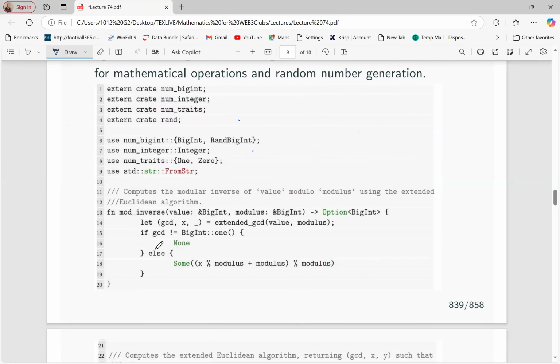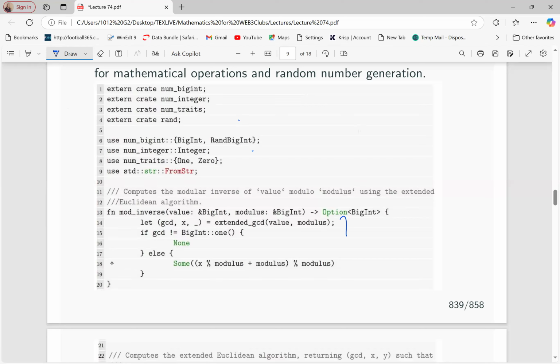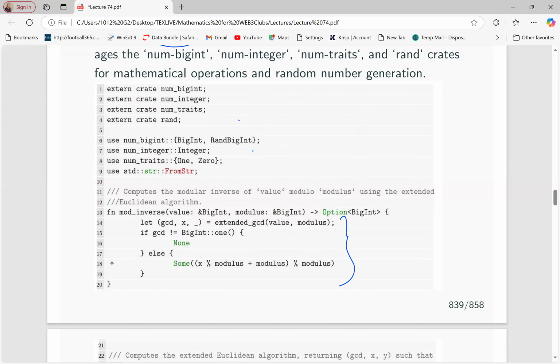So for it to get the inverse, this is the code that will be helping it. And what has it said here? You find the mod inverse of a value A, for instance, which is a big integer, and you're giving it a modulus.